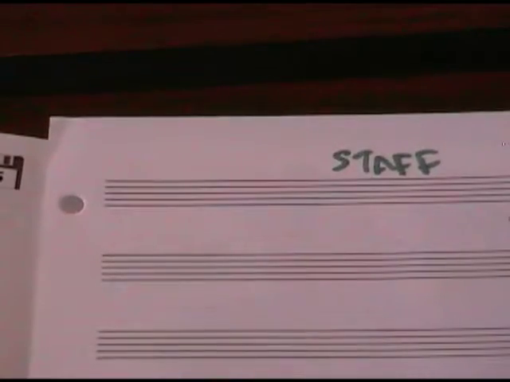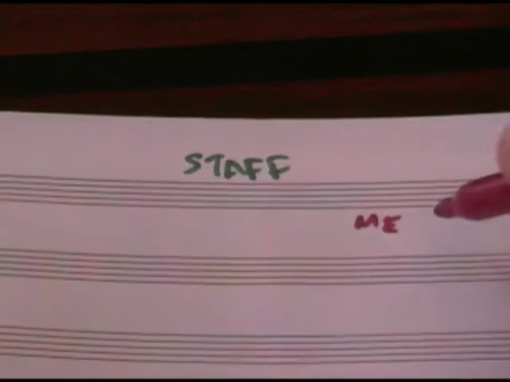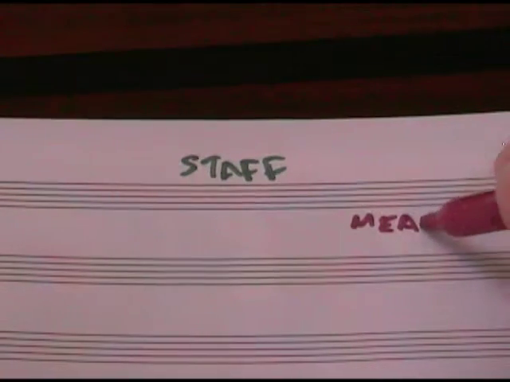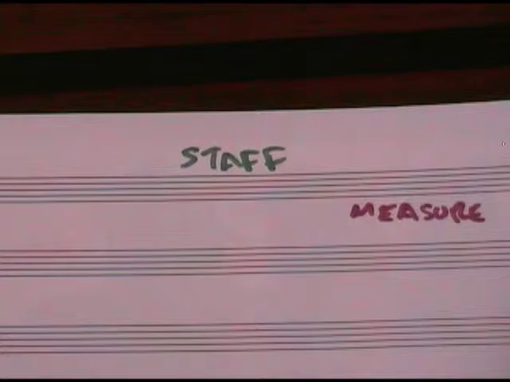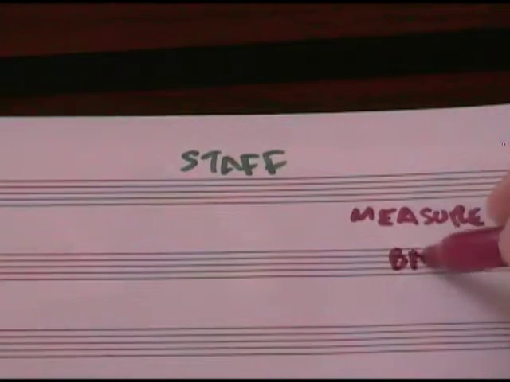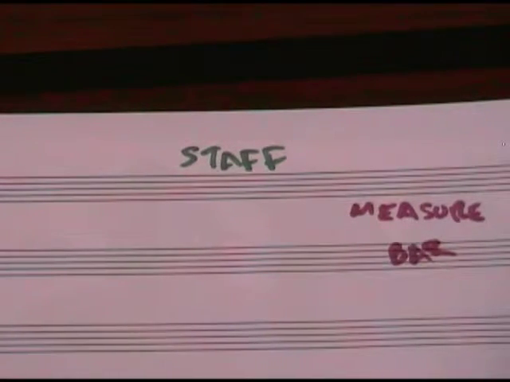M-E-A-S-U-R-E. Another word that's used for measure is a bar. Not a bar that you go into to get a drink, or a bar that you use for stretching. It's a bar, which means a measure.